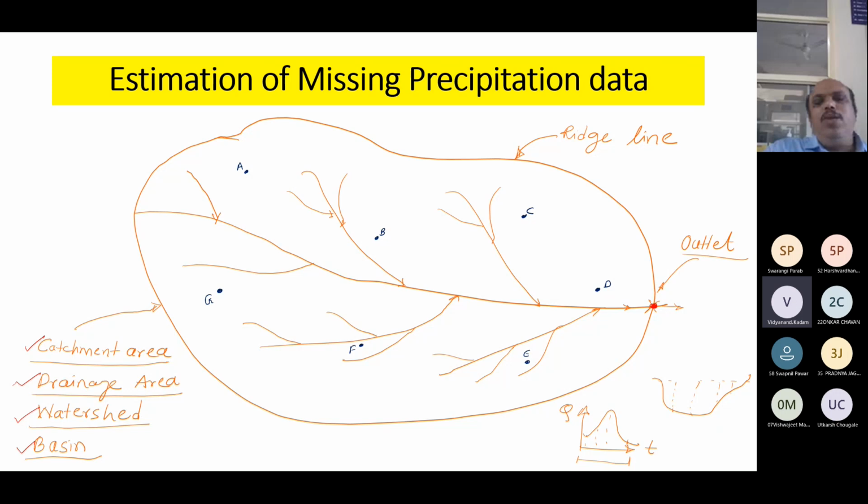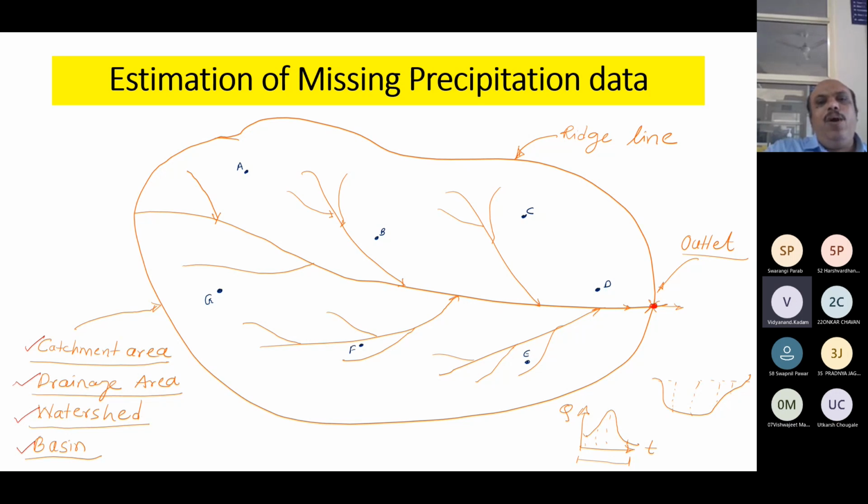It also depends on the topography of the catchment. If it is a hilly region, more rain gauges are required. If it is a plain terrain, fewer rain gauges are required. In some other lecture, I will explain how to select the number of rain gauge stations for a particular area.